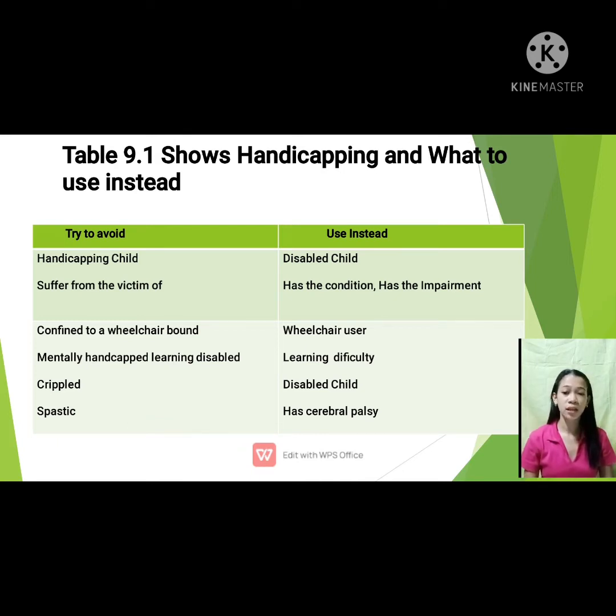If you would say confined to a wheelchair or wheelchair bound, use wheelchair user. Instead of mentally handicapped, use learning difficulty. Instead of crippled, use disabled child. Instead of spastic, say has cerebral palsy. This table presents which words we need to use and avoid when talking about these types of learners.